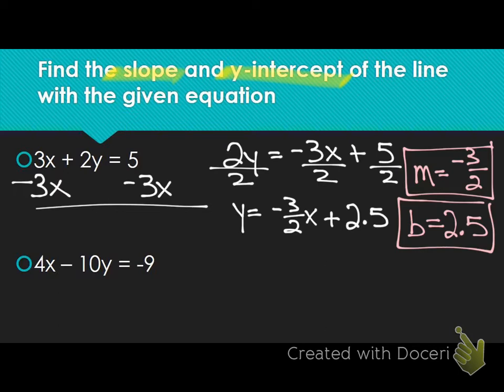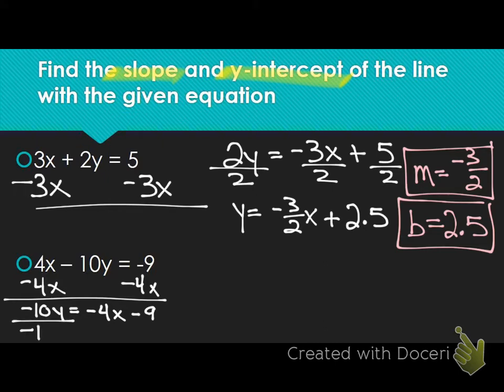All right, so what do I do first to write this in slope-intercept form? 4x. Subtract 4x from both sides. All right, and you get negative 10y equals negative 4x minus 9. So now, what do you do?